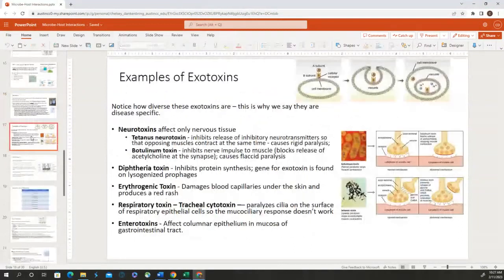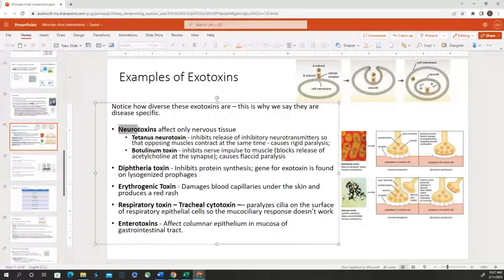That especially goes for our exotoxins, but I want you to see how diverse they are because exotoxins are very dangerous. And so far we've said that they're made in the bacteria and released. And so that's why some are neurotoxins. When the bacteria releases that toxin in the host, it goes and affects the brain. Some of them go and affect the respiratory system. And you can see there are several ones that do that.